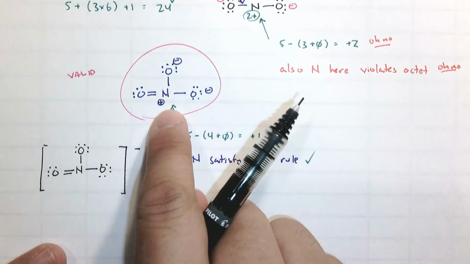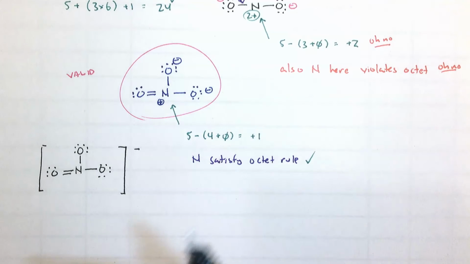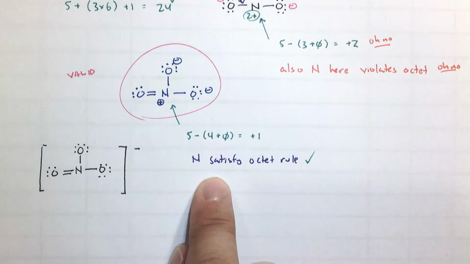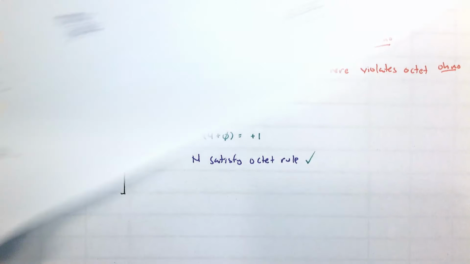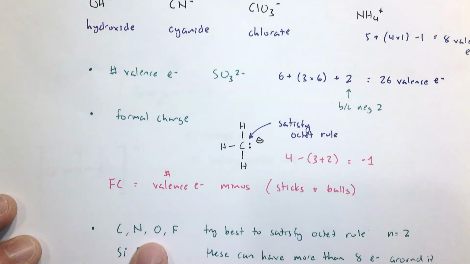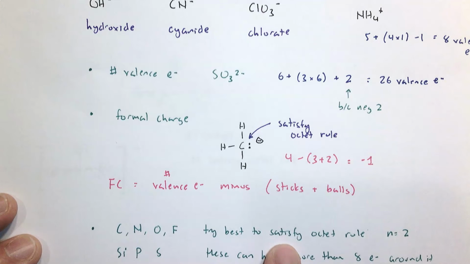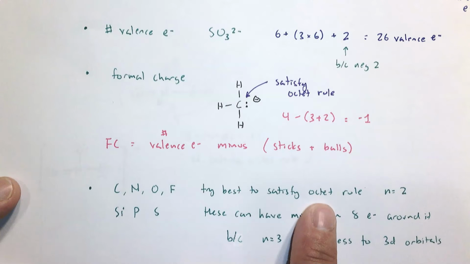That positive charge exists mainly because we need to make that nitrogen satisfy the octet rule. That was the 3rd bullet point here. Okay, it's possible to get that nitrogen to follow the octet rule for nitrate.